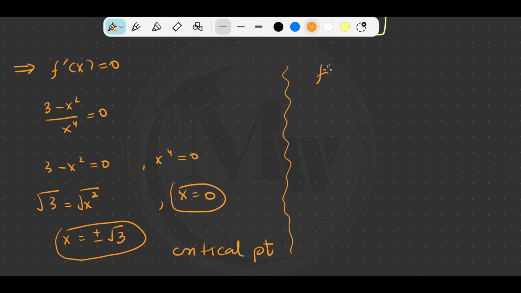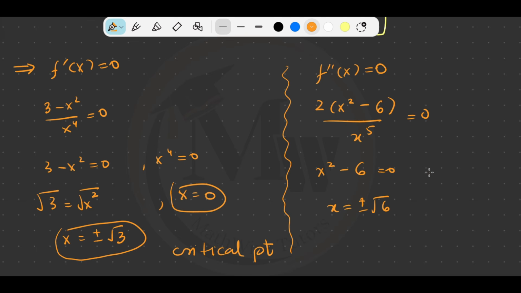Now put f double prime of x equal to 0. The second derivative of the function that we found above is (x squared minus 6) over x to the power 5 equal to 0, and by putting numerator and denominator separately equal to 0, this will give you x squared minus 6 equal to 0, which gives you x is equal to plus and minus square root of 6, and here x to the power 5 equal to 0, which gives you x equal to 0.